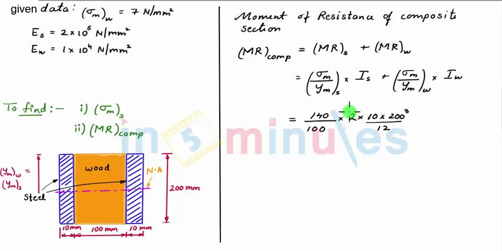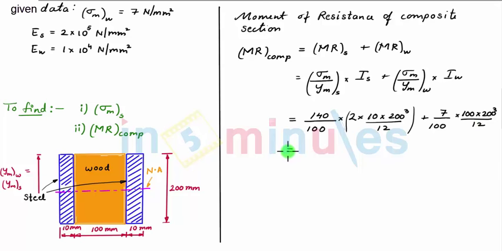This gives the moment of inertia of two steel sections about the centroidal axis of the composite section, plus sigma max of wood is 7 upon y max, the same 100 mm, and I of wood is given as BD cube by 12, that is 100 into 200 cube by 12.